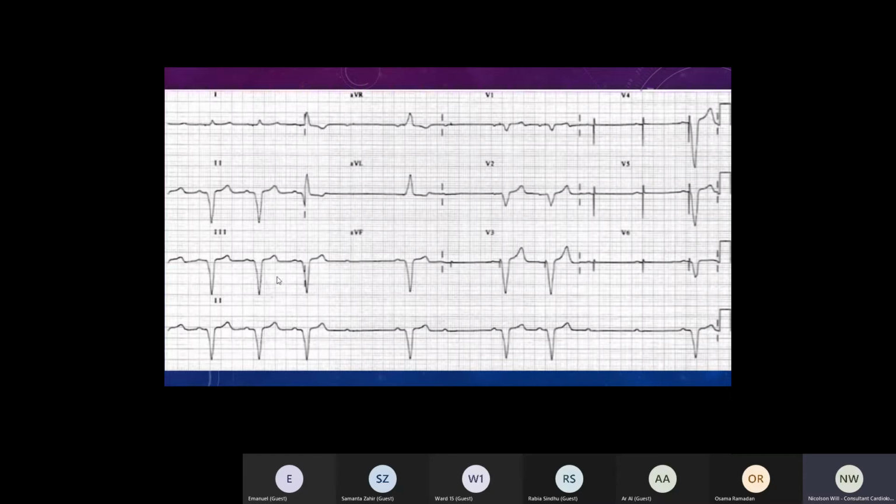And you can't see the pacing spikes very well in these leads, but if you look at the morphology, lead 2 is the rhythm strip and is recorded all the way along. Can you see how the morphology is identical for these beats as it is for the paced beats up here? So although you can't see the pacing spikes very well in lead 2, you can be sure from that that these are paced QRS beats.